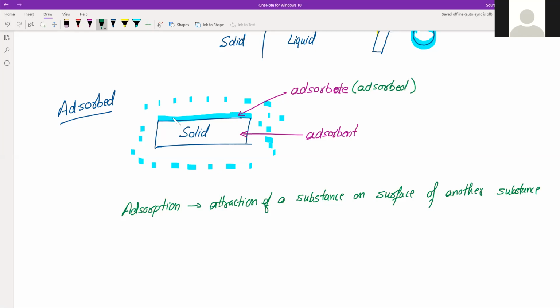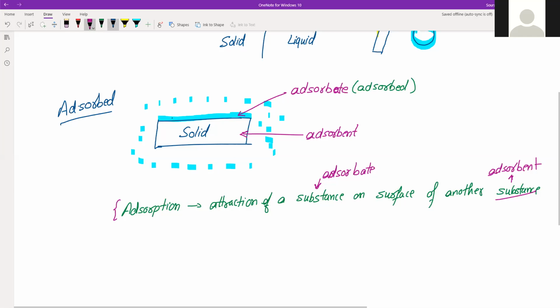So the substance which gets attracted, what name did we give this substance? We gave this substance the name adsorbate. And what was this substance? This substance will be called adsorbent, right? So that's what adsorption is.